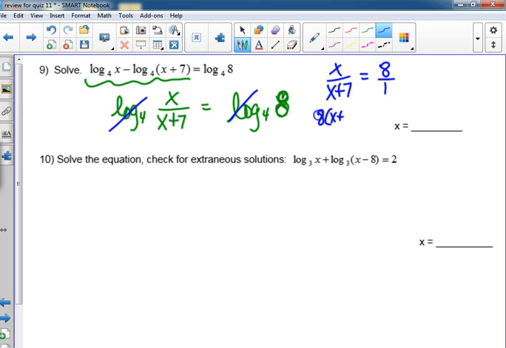So 8 times x plus 7 equals 1x, or 8x plus 56 equals... Good question. 56 equals negative 7x, so we get negative 8. Okay. Can you take the log of negative 8? Does not check in the original equation. This one is no solution.